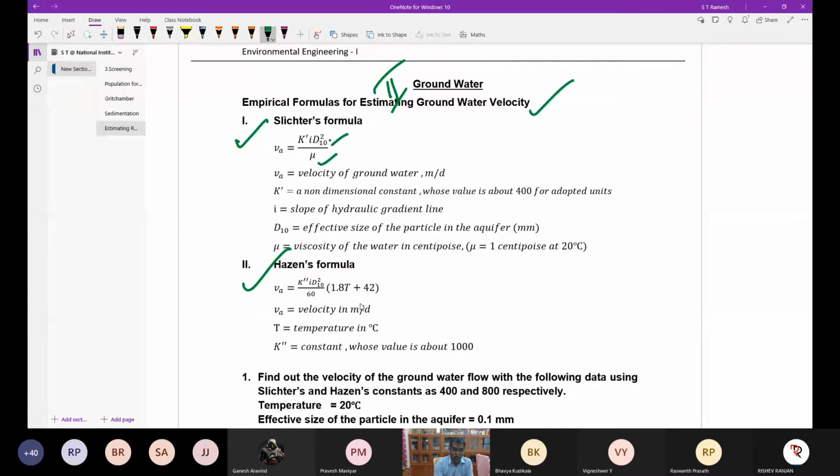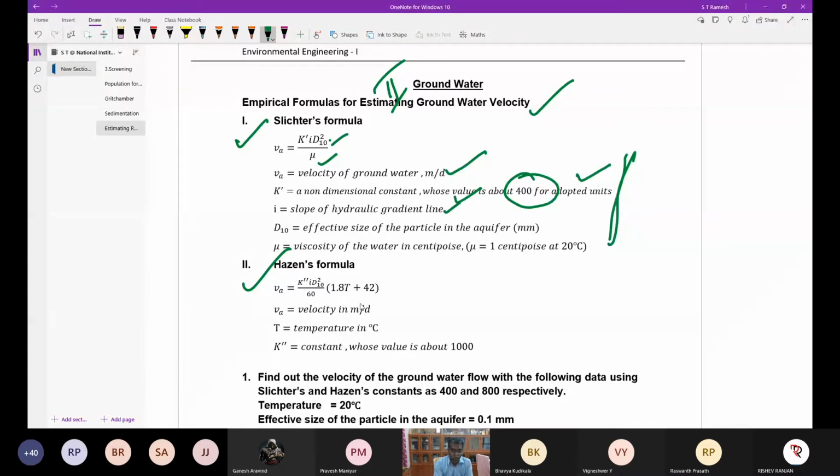We are already familiar with the terms, where VA is equal to velocity of groundwater in meter per day. K dash is a non-dimensional constant, and you can take K dash as 400 for adopted unit. I is equal to slope of hydraulic gradient line.